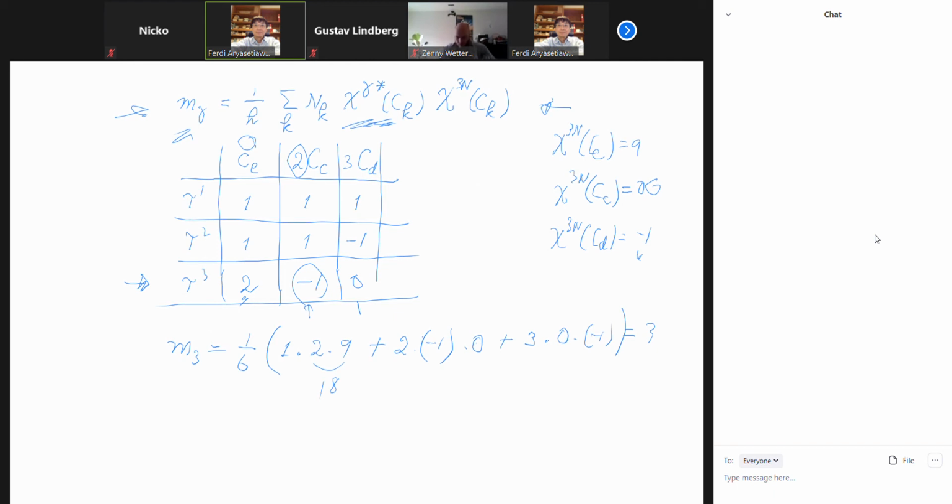Okay, we can do the same for T1 and T2. Looking at my notes here, we get 1, 1, and 2. These two representations are one-dimensional, and the third is two-dimensional, and there are 3 of them.